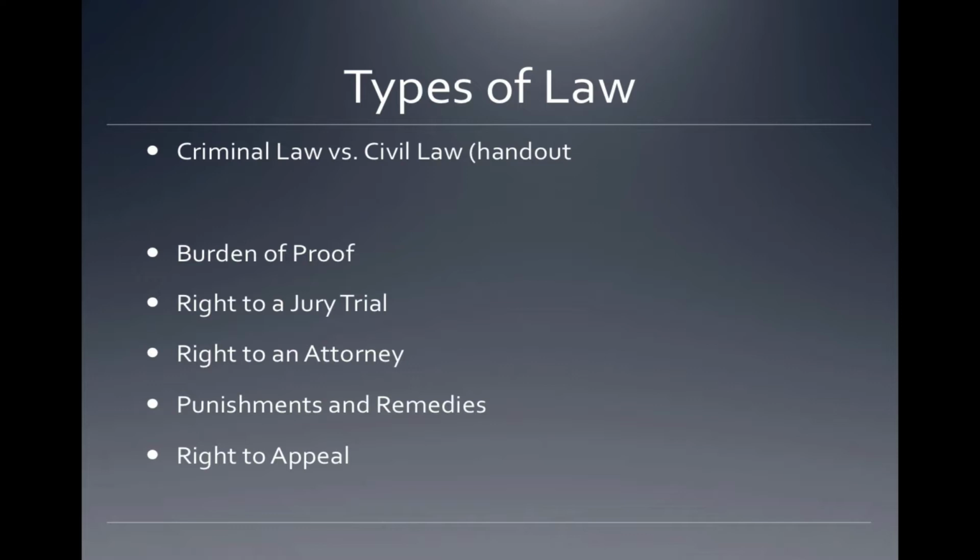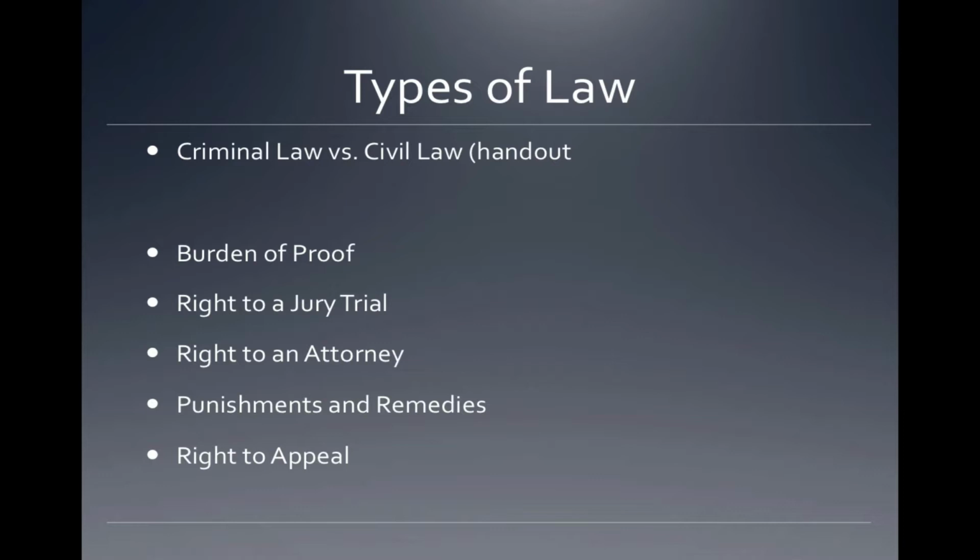Punishments and remedies are obviously very different in criminal law. Incarceration, probation, any type of thing that restricts the person's liberty is a possible remedy, punishment, or result of the verdict. Whereas in civil law, you're usually looking at monetary damages.